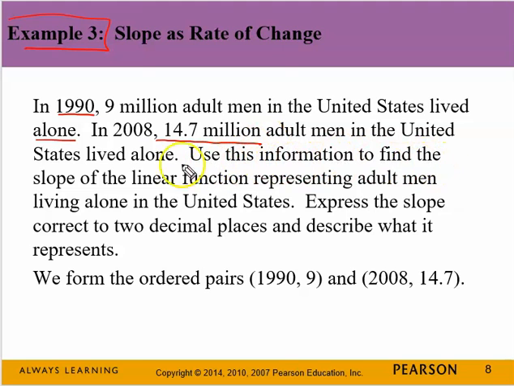Use this information to find the slope of the linear function representing adult men living alone in the United States. Express the slope correct to 2 decimal places and then describe what it represents. Now again, the slope is going to represent the rate of change.